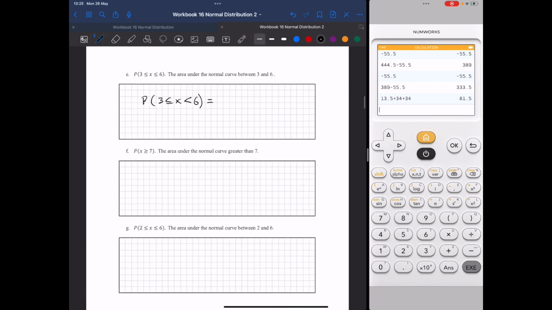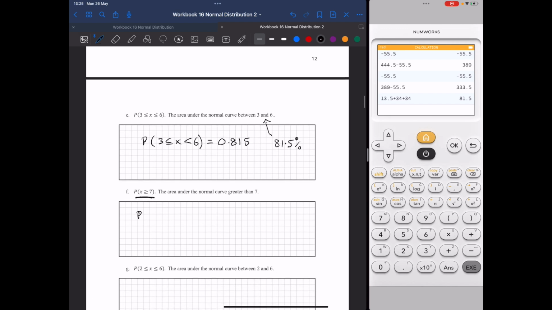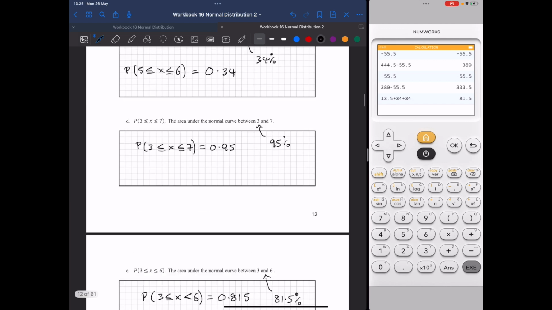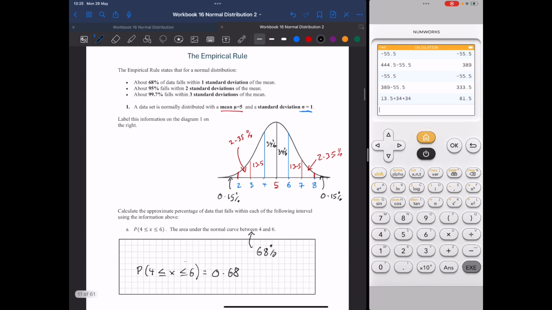So that's going to be 0.815, or as an area, 81.5%. Now greater than 7. So the probability that x is greater than or equal to 7, we're going to go up here and we can see this is greater than 7.